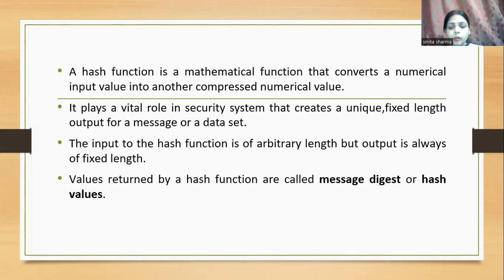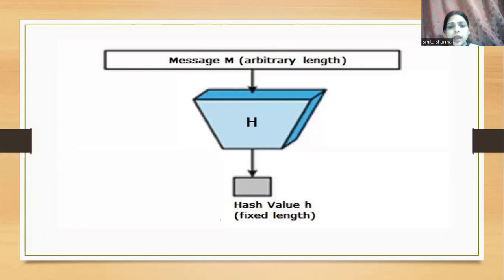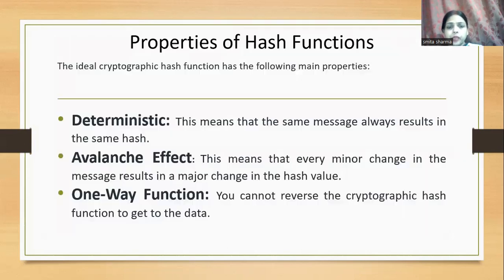As we can see through this diagram, whenever a message M of arbitrary length is passed through a hash function, we always get a hash value H of fixed length. This is the basic diagram used for representing a hash function.